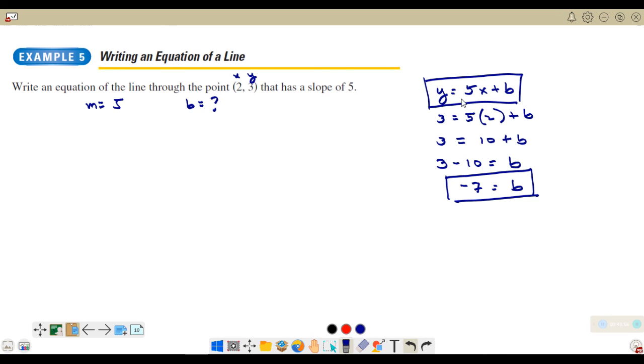From y is equal to 5x plus b, since alam na natin ngayon si b, this is now y is equal to 5x minus 7. Ayan. This is the slope-intercept form of our equation, or this is the slope-intercept form of our line that passes through negative 7 and has the slope 5.